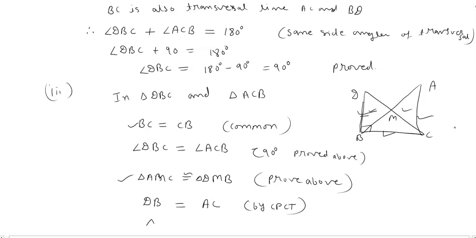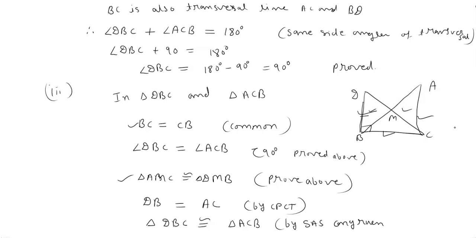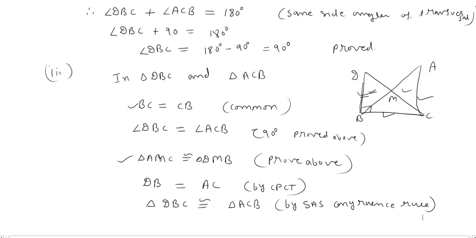So we can say triangle DBC is congruent to triangle ACB by the SAS congruence rule. So the third question is proved.